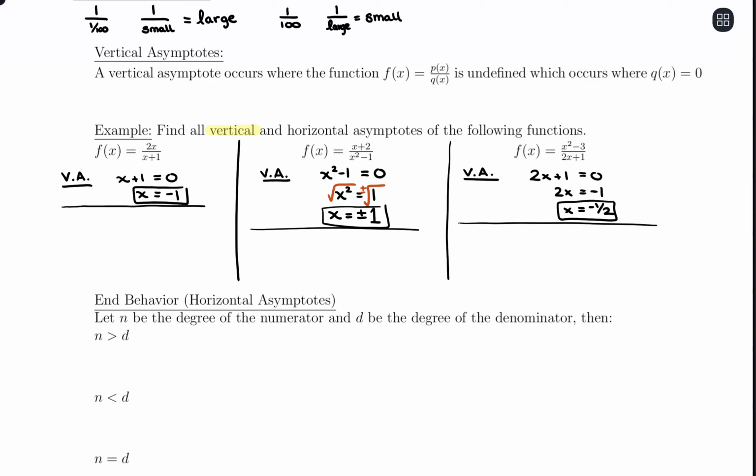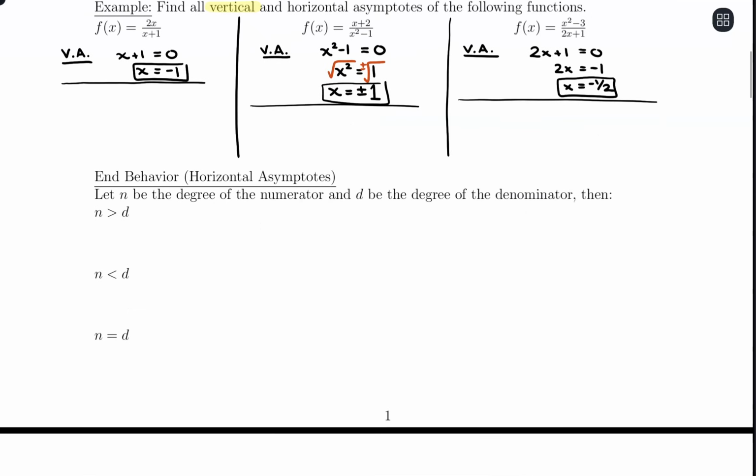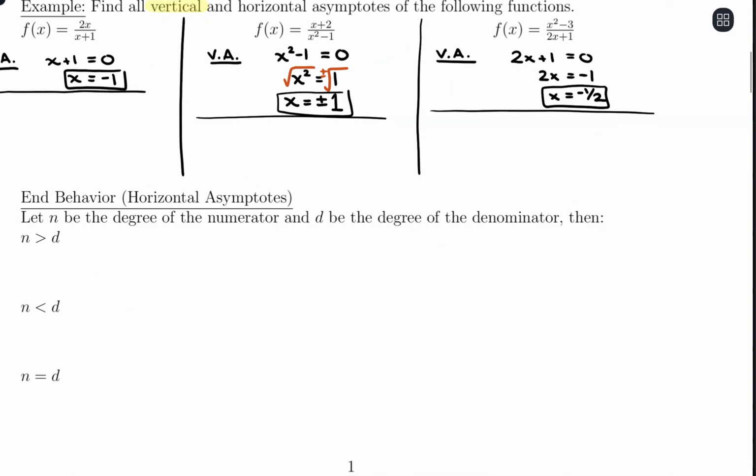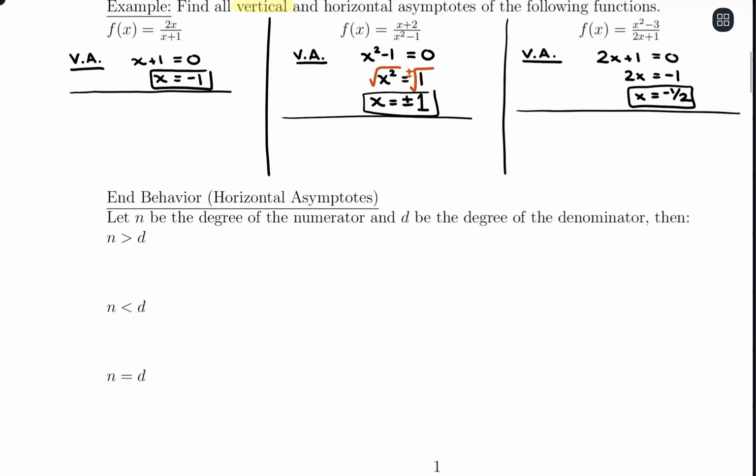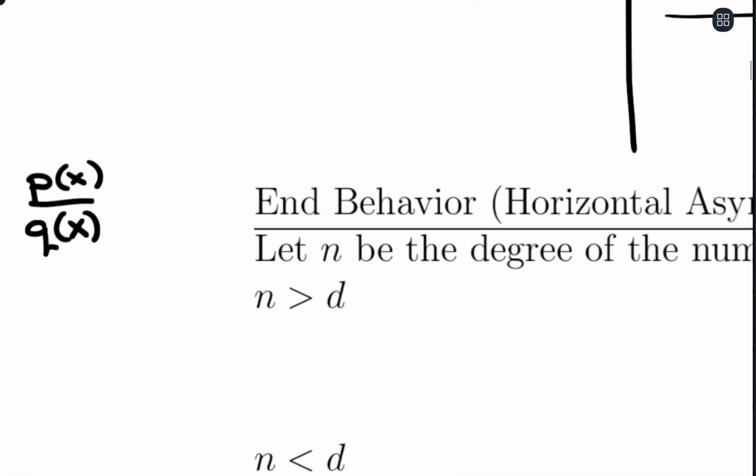All right, let's talk about how we find our horizontal asymptotes. And what it's going to come down to is a comparison of degrees of the numerator and denominator. So we have some function p of x divided by q of x for our rational function. So these are two polynomials here. So what's going to happen is we're going to look at the degree of each of those polynomials.